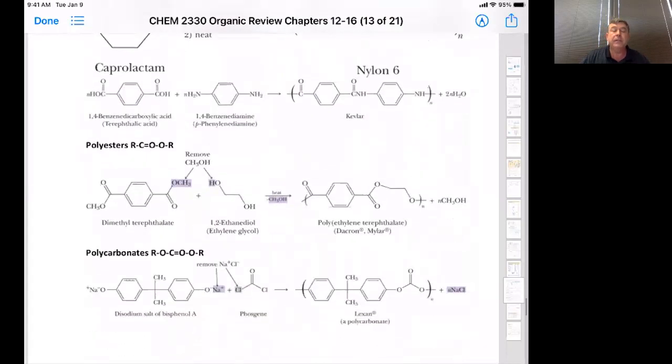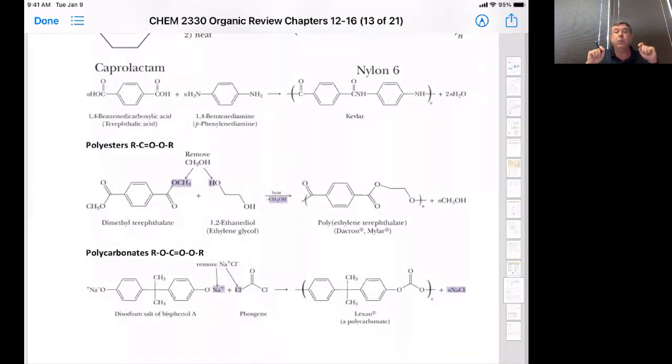But when we made esters, we typically don't just take a carboxylic acid and an alcohol. We typically do a transesterification. We use an ester and an alcohol, preferably a higher boiling alcohol, and we heat them together with a catalyst, and it drives off the low boiling alcohol, creating your ester. But that makes some nice things like PET, where that can make nice fibers in certain bottles.